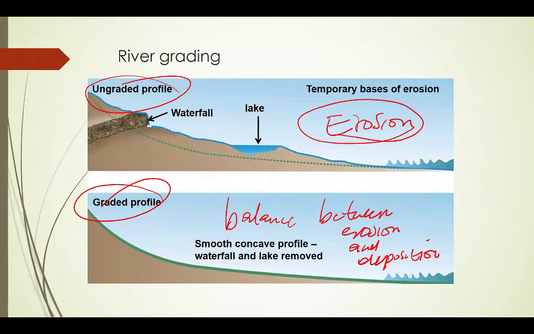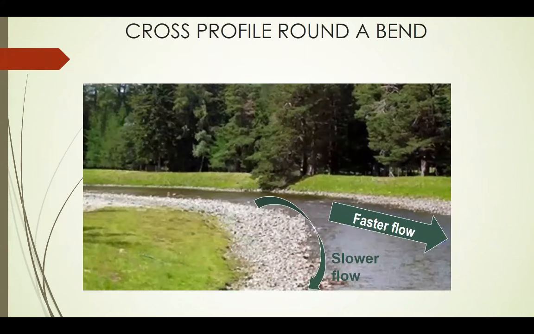But here, because there are obstacles or nick points, you must be able to define what a nick point is. So here is the gradient of the river, and at this point, it changes suddenly. Here it changes suddenly. Here it changes suddenly. So where there is a sudden change in the gradient of the river, we call that point a nick point.